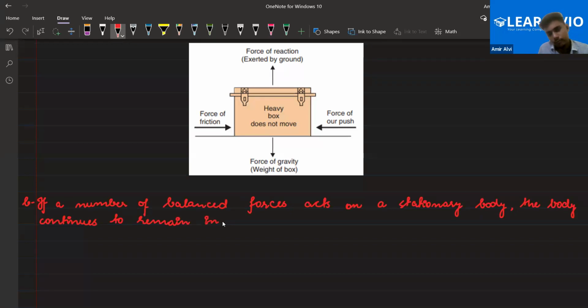Should we draw this? You can draw this with a normal rectangular block and just use arrows. You don't have to draw the proper box diagram.